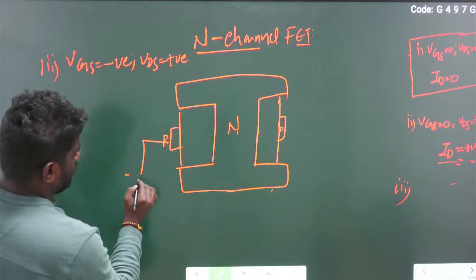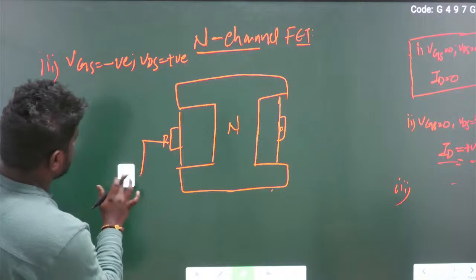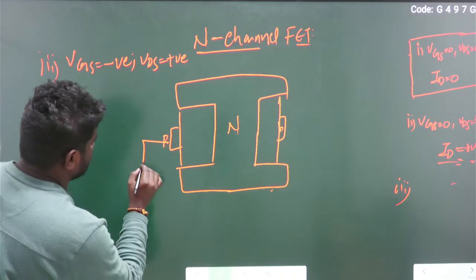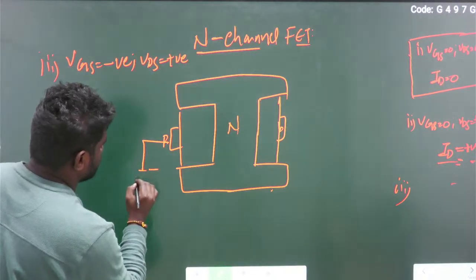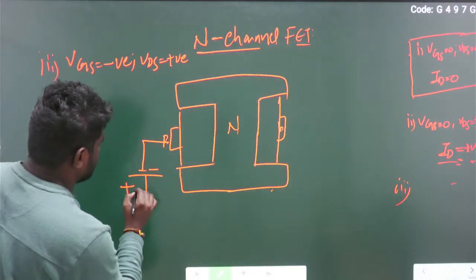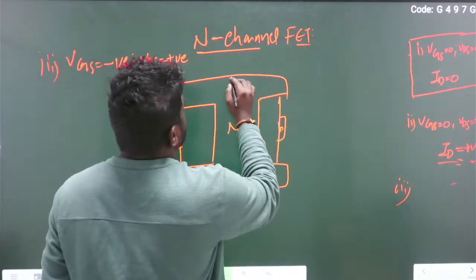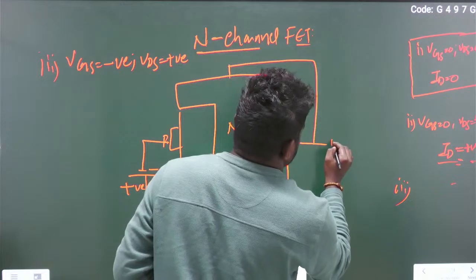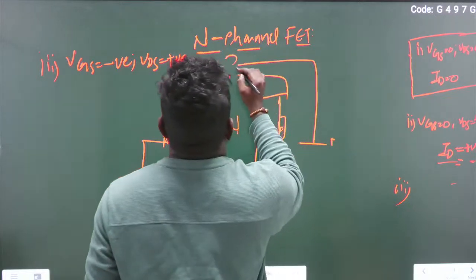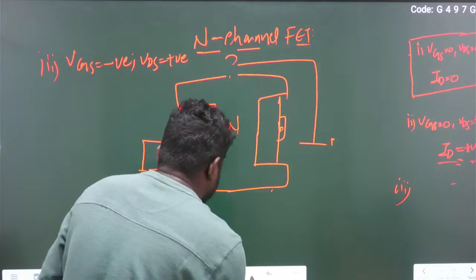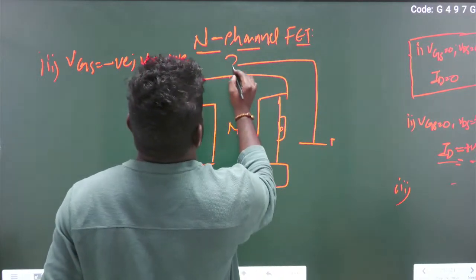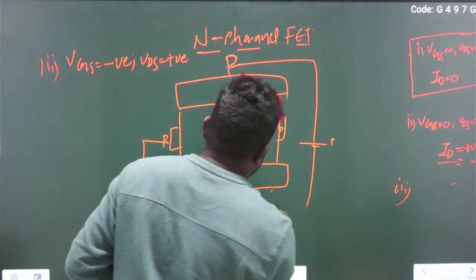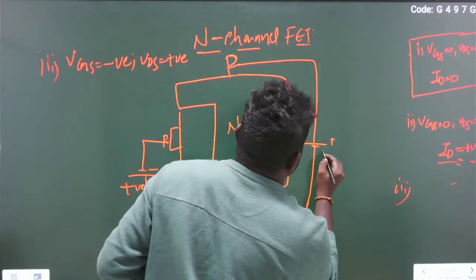Now applied, VGS is negative, so this is negative and this is positive. So this is the drain terminal, and this is the source terminal.